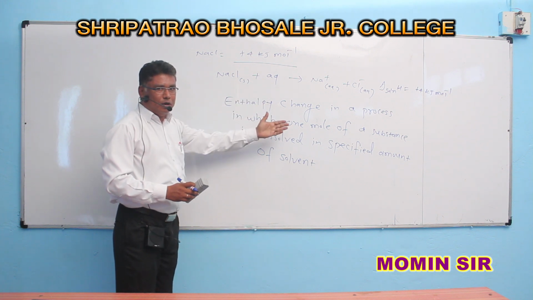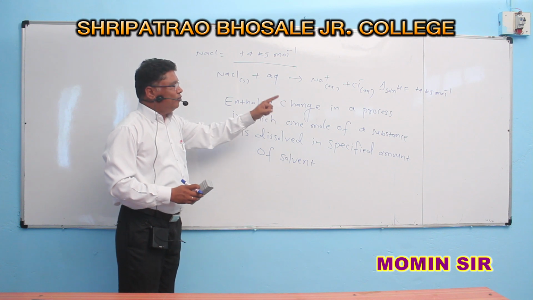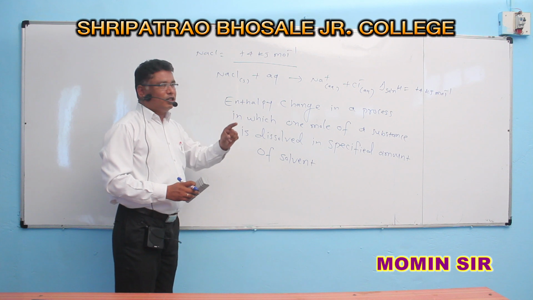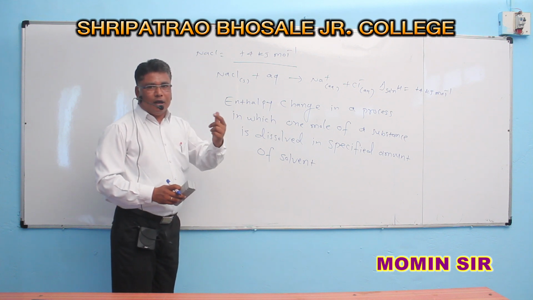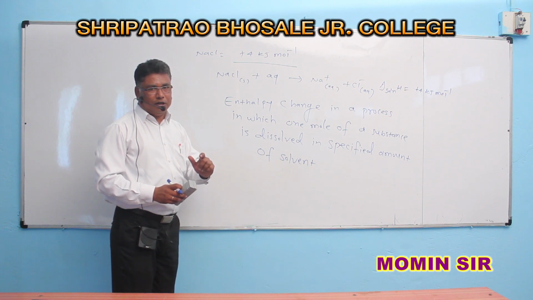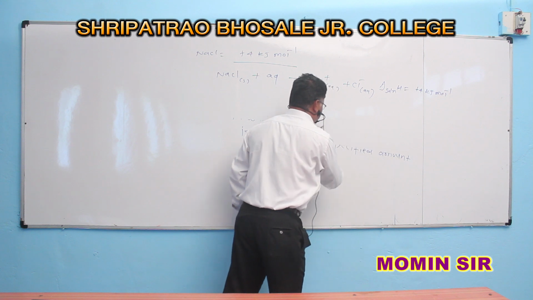How is it found out? Or how is the value of enthalpy of solution of NaCl plus 4? It is the sum of lattice enthalpy and enthalpy of hydration. We want to prove this by taking a general example.